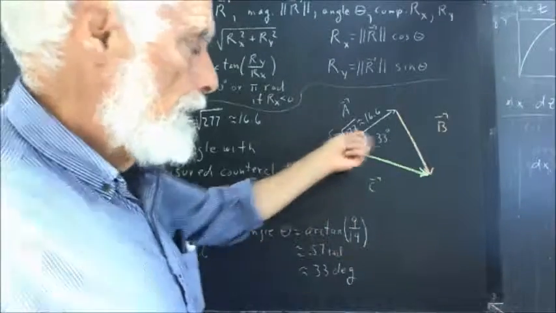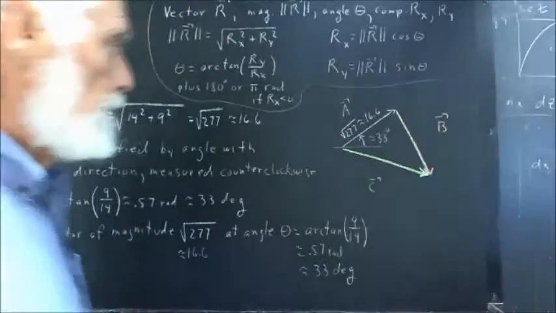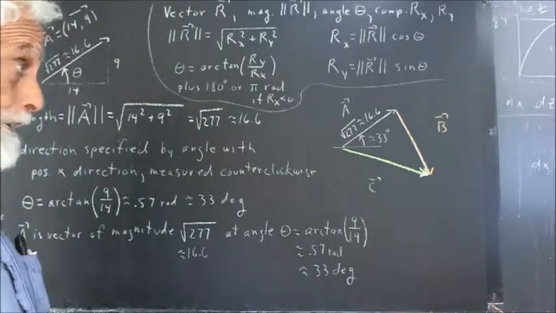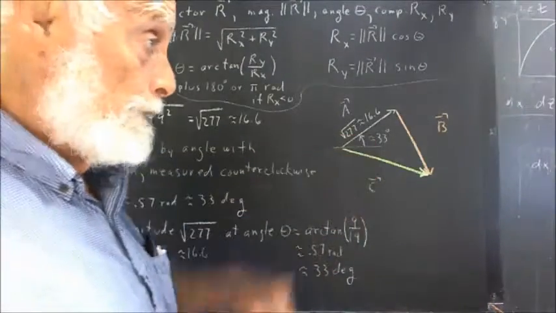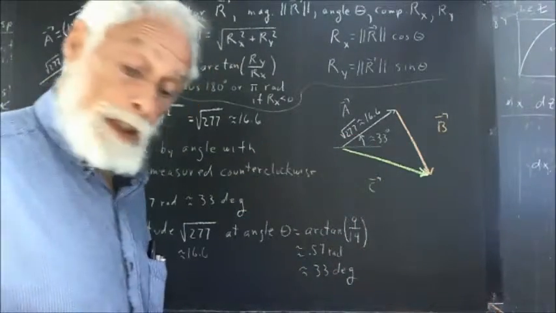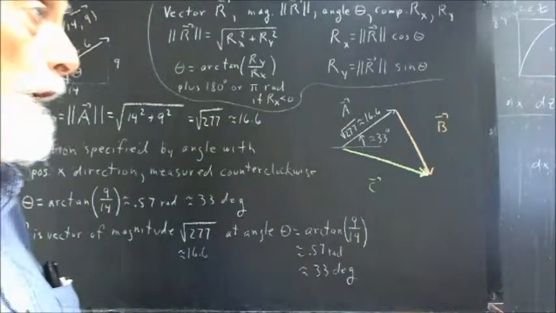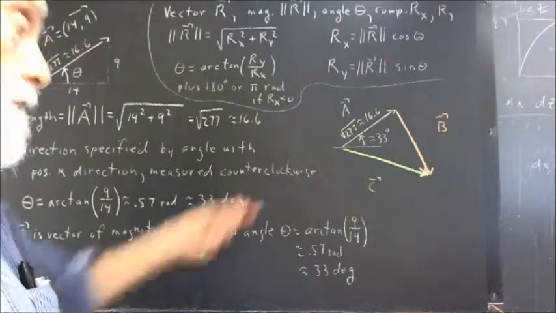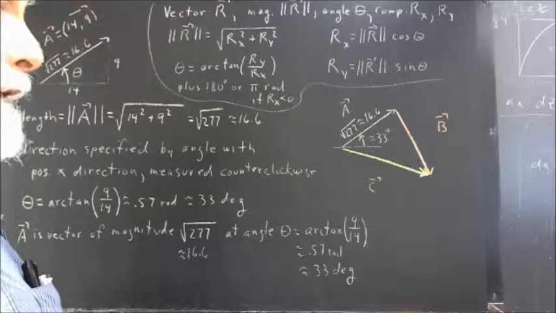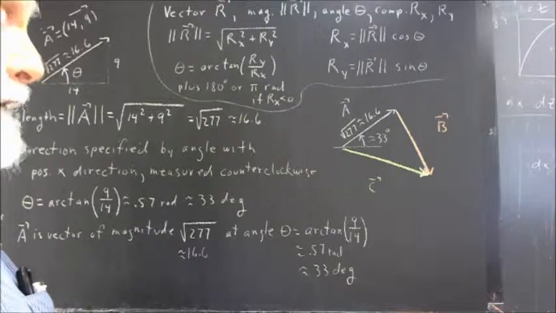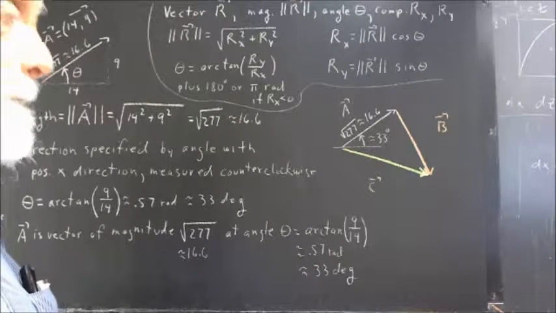I didn't write down the arctangent of 9 over 14 simply because there isn't a lot of room here. Okay. Now, what about the angles of B and C? You should go ahead and calculate the magnitudes and angles of vectors B and C.